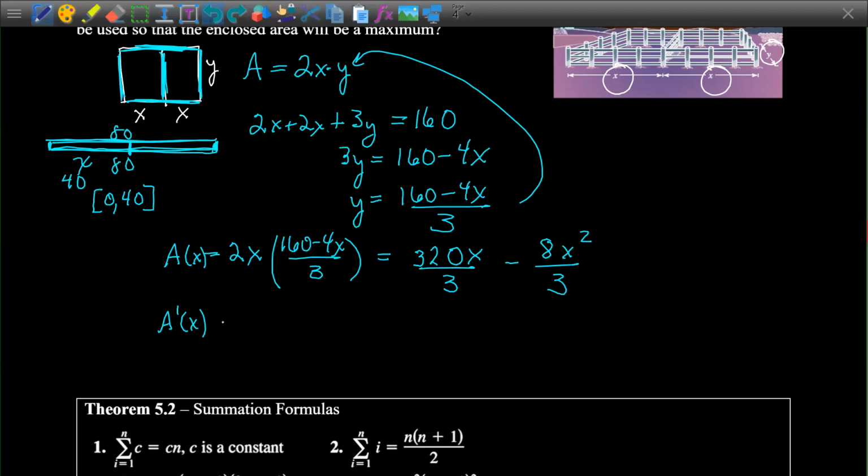But in any case, we're going to take the derivative of A and we get 320 over 3 minus 16x over 3. So set this equal to 0.